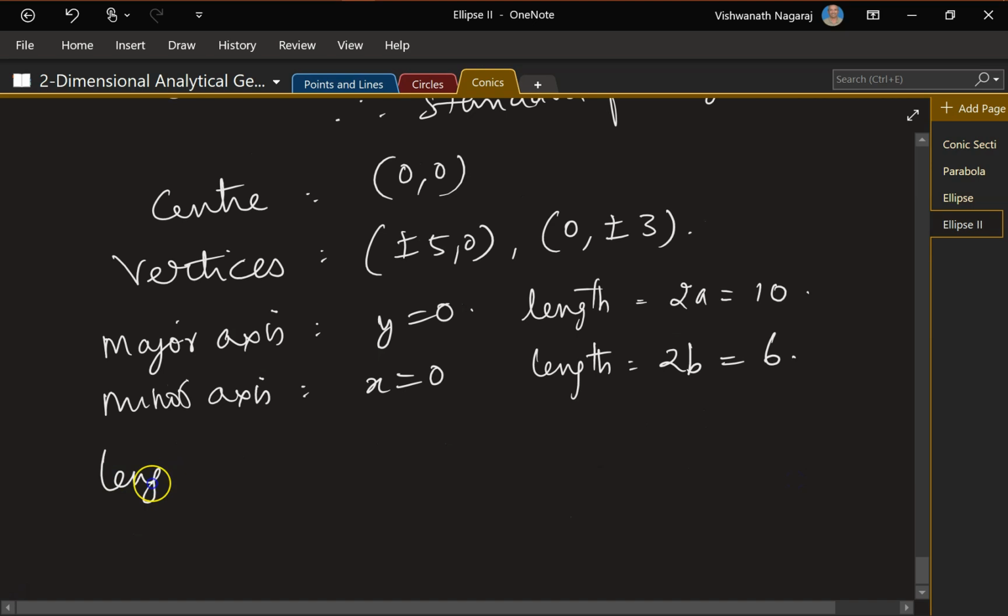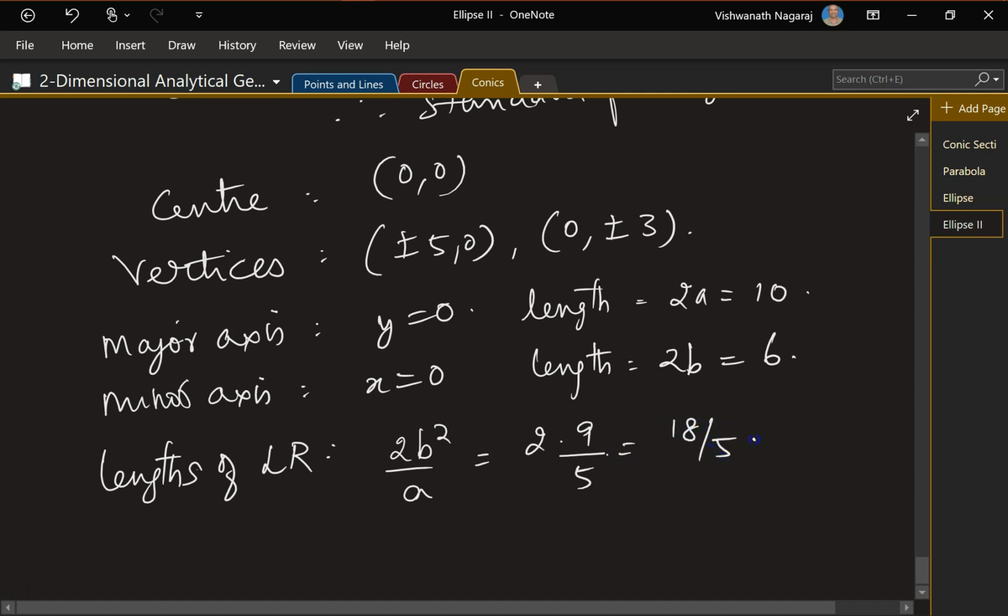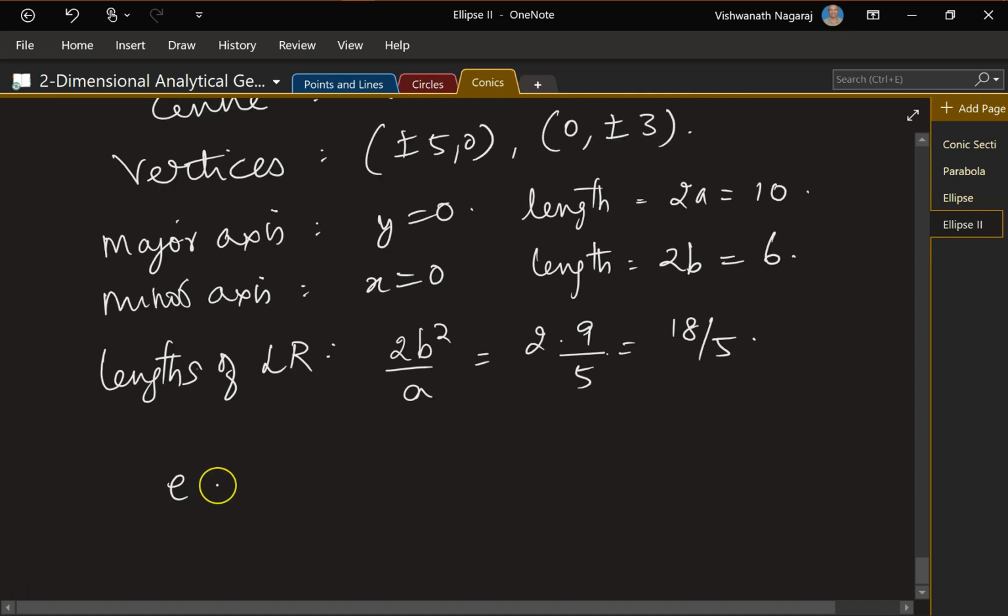Now the length of latus rectum would be 2b square by a. So 2b square is 2 times 9 by 5, which is 18 by 5. Eccentricity would be square root of 1 minus b square by a square.